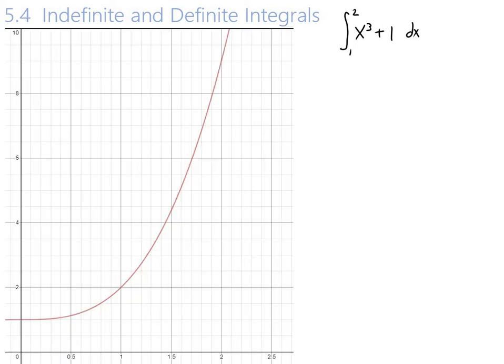If you've got the graph of x cubed plus 1 and you were working on the area from 1 to 2, there's 1, there's 2. So that integral I've written up there can be interpreted as an area under this curve from there to there.